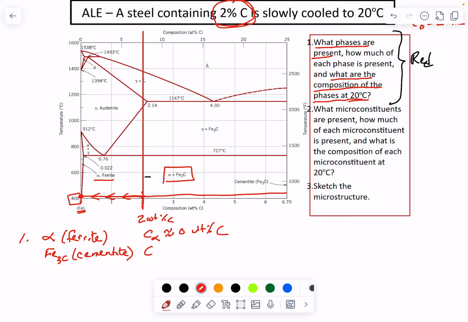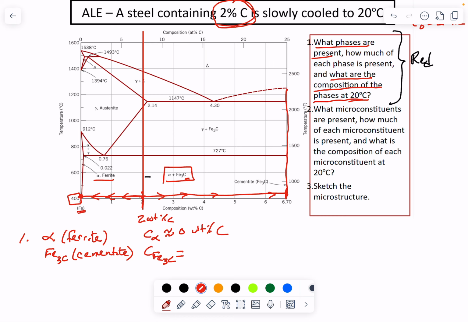And now, what's the composition of Fe3C? That's going to be exactly read left, read right, right, right until you hit a line. And I just want to point out, cementite is a line compound. It only exists at exactly 25 atomic percent carbon, so its width is invisible to us.